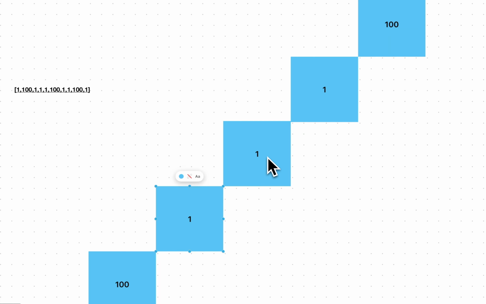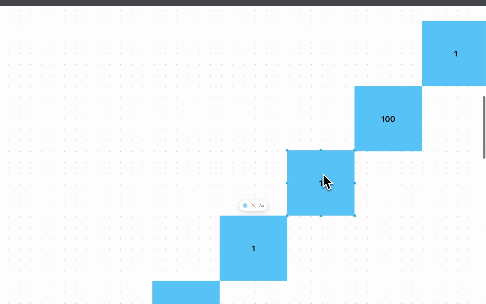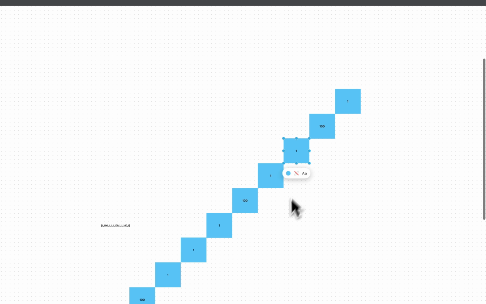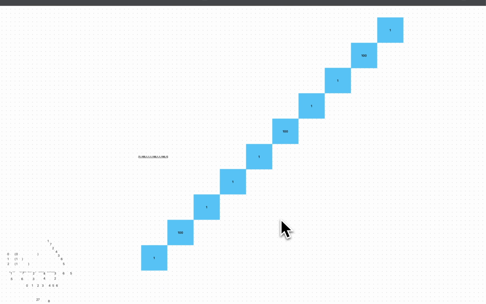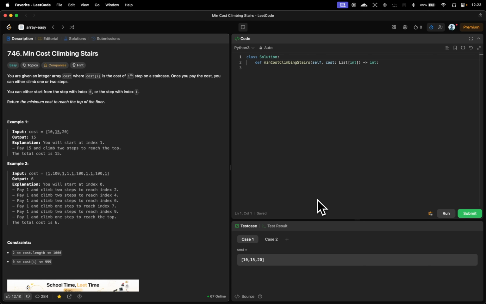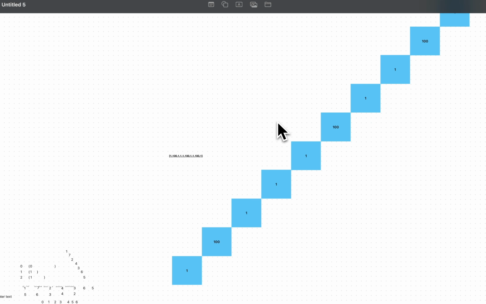Again I have the choice, this or this. Yeah, by following this greedy local approach, I think I can see a solution. Let's see. Once you pay the cost, you can climb either 1 or 2 steps. Yeah, I think that's the approach I can think of.